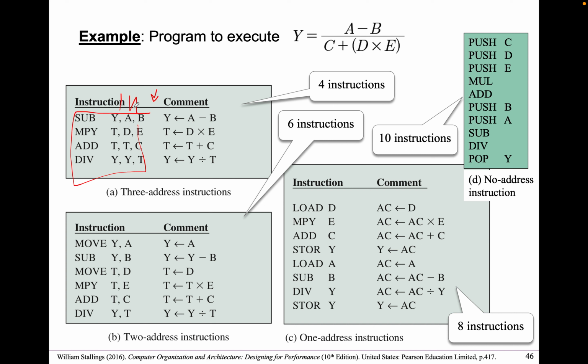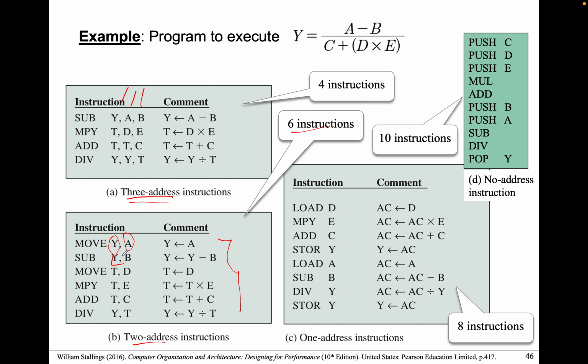So this is what you can see in terms of 4 instructions. How many operands do you have? How many addresses do you have? You have 3 addresses: 1, 2, 3. And if you are using 2 addresses, how many lines do you need? You need more lines compared to when you have 3 addresses.